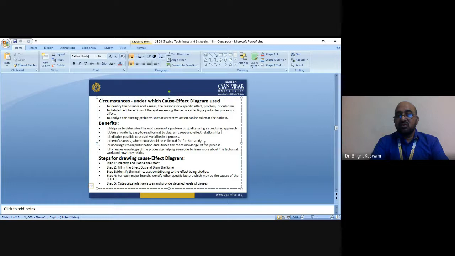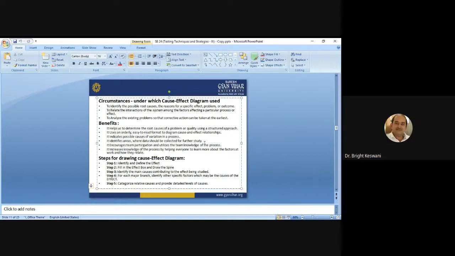And lastly, it increases knowledge of the process by helping everyone to learn more about the factors at work and how they relate. So these are the benefits of cause effect diagrams.